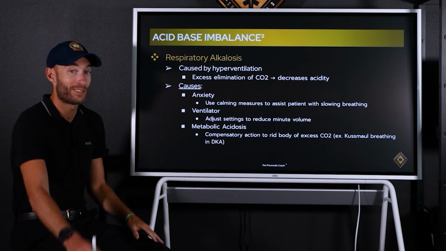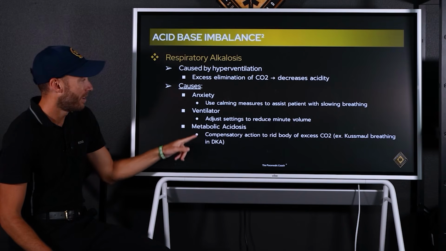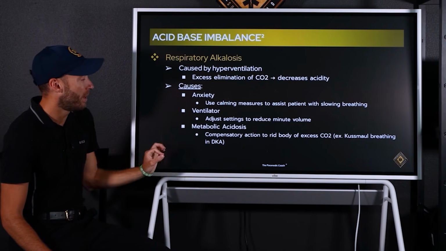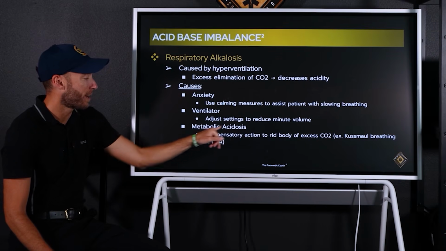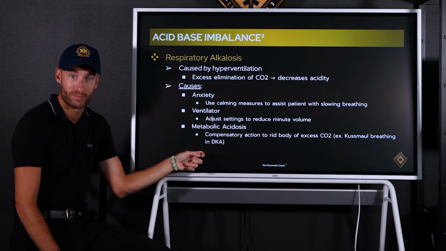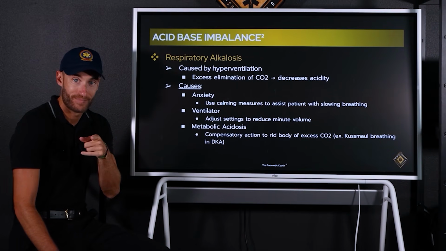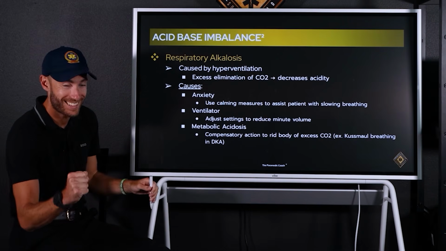And you're not, because we're going to go over it right now. But remember this: a respiratory alkalosis can be a compensatory action because your patient is in metabolic acidosis and they're in DKA with a high blood glucose. And they have fruity breath, a fruity odor in the breath. Make sense? Okay.